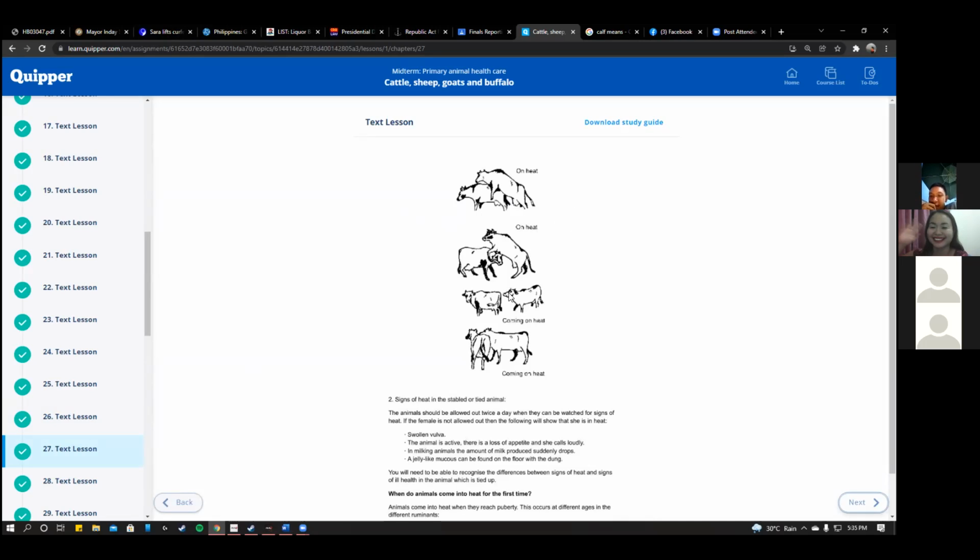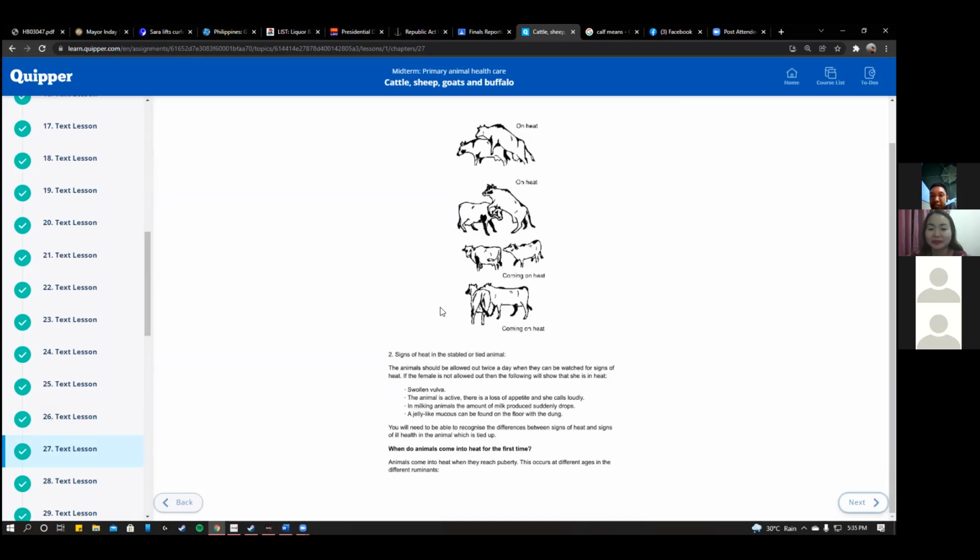So number 2, signs of heat in stabled or tied animals. The animals should be allowed out twice a day when they can be watched for signs of heat. If the female is not allowed out, then the following will show that she is in heat.